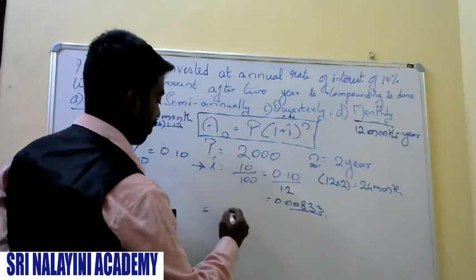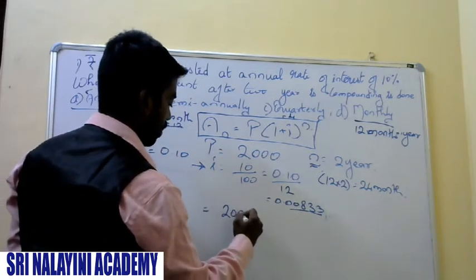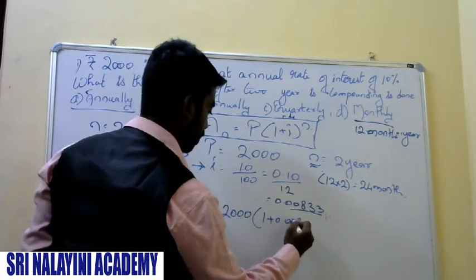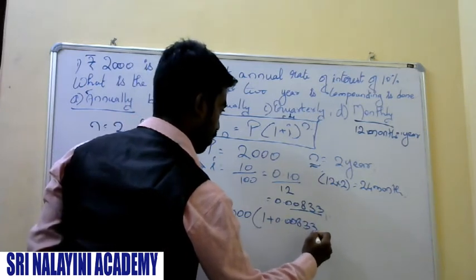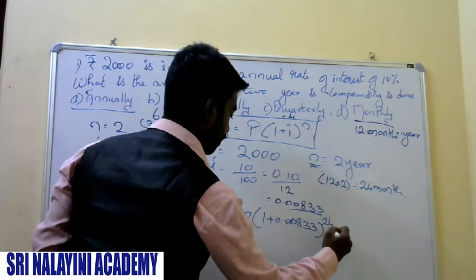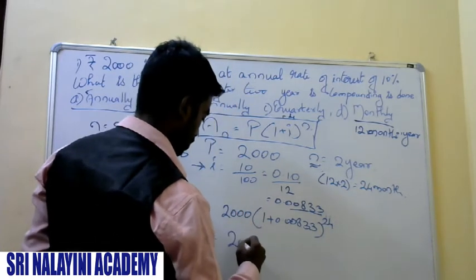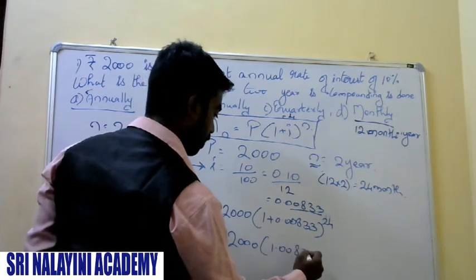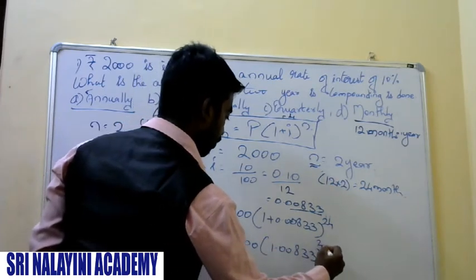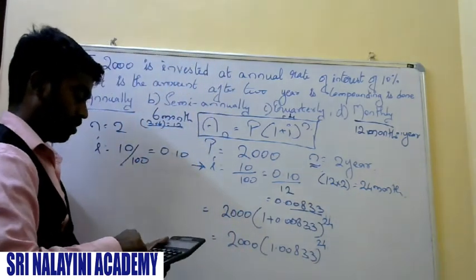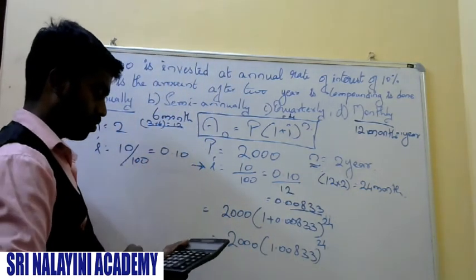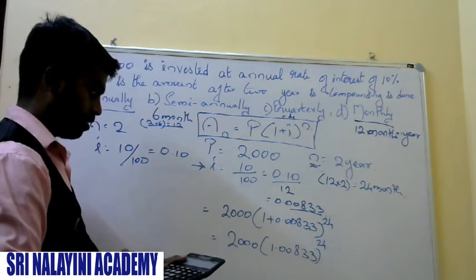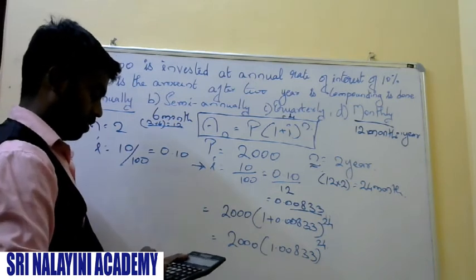So we are going to insert the formula: 2000 into 1 plus 0.00833 power of 24. 1 plus 0.00833, 1 plus, and so on.